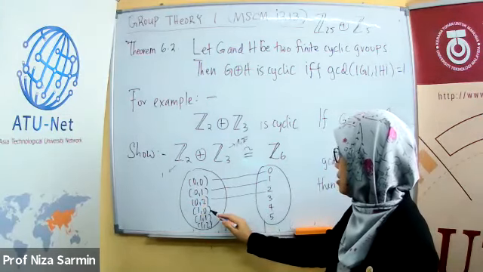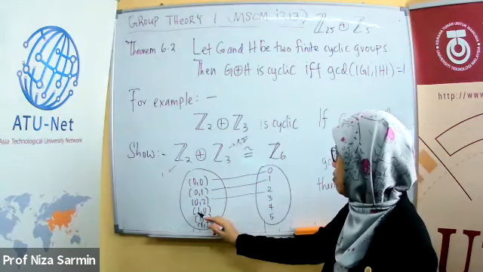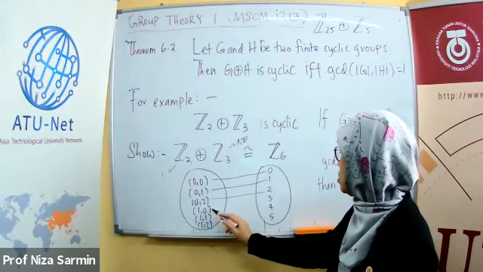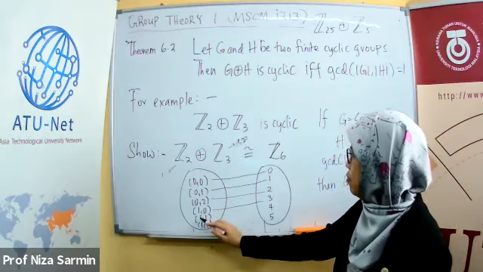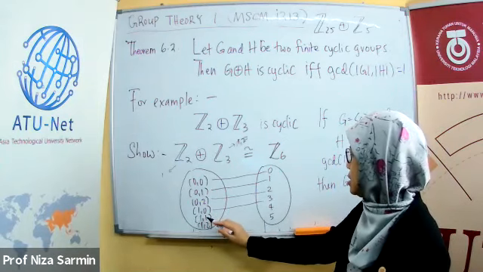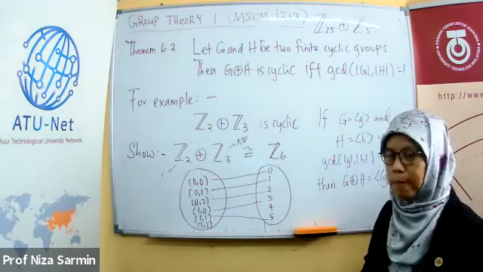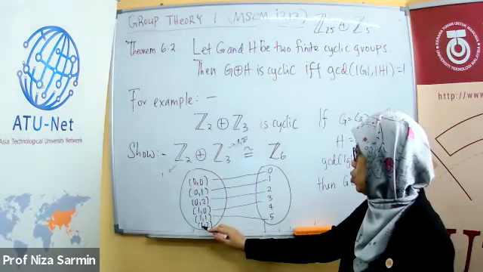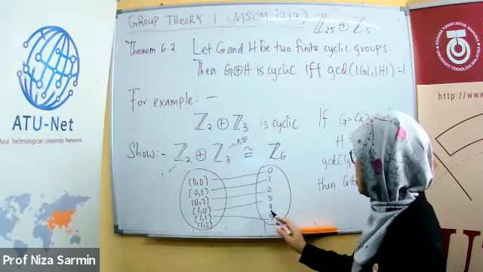What is the order? LCM of 2 and 3 is 6. What is the order?